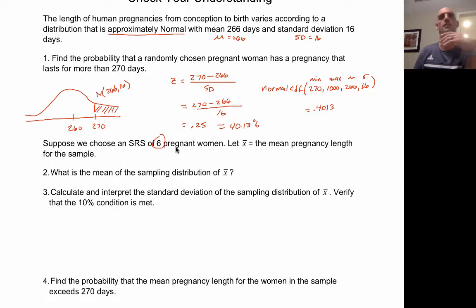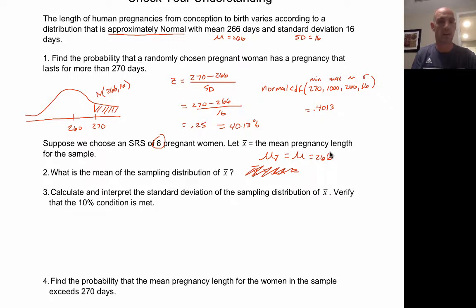Because the population is approximately normal, the sampling distribution is approximately normal, which means the mean of the sampling distribution of x bar is equal to the true mean. I'm not talking about the sample mean. I'm talking about the mean of the sampling distribution. It's equal to the population mean of 266.